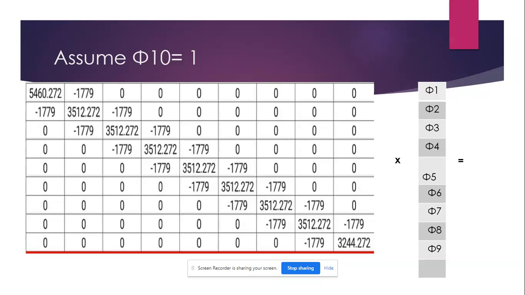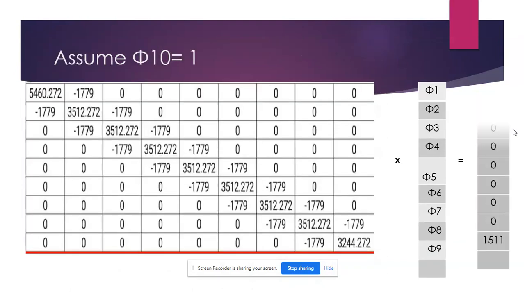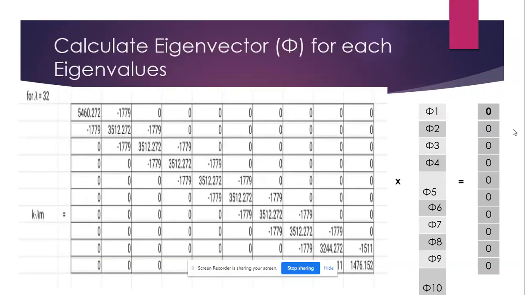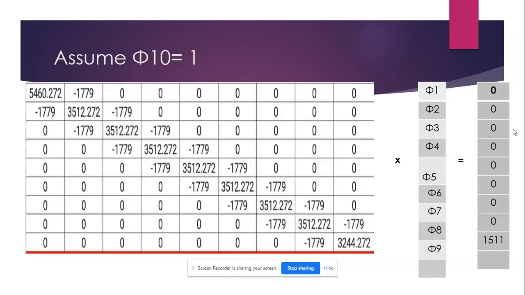Assume that phi tenth is equal to 1. In order to solve this problem, we need to remove the last row and transpose the 10th column. The negative 1511 will become positive.